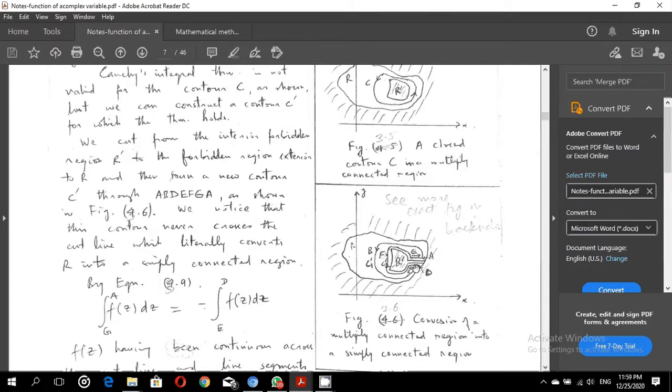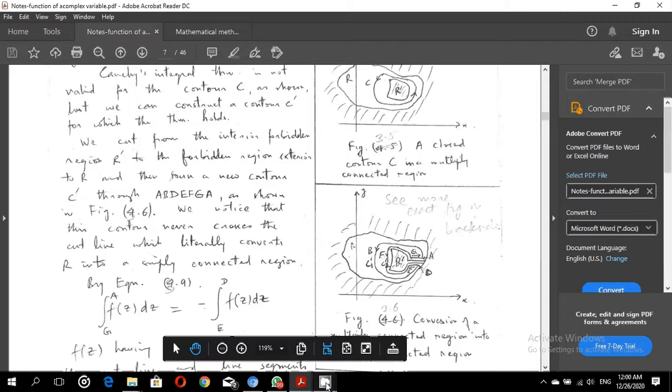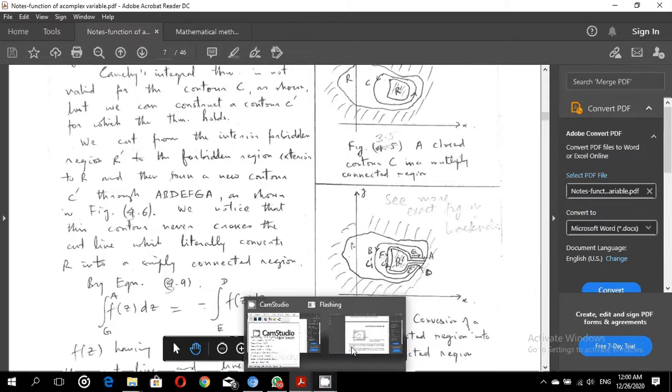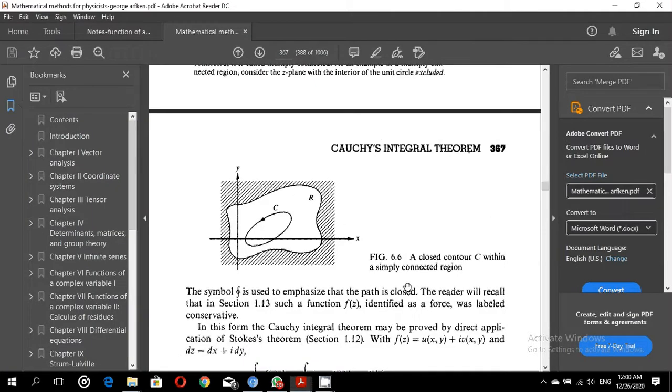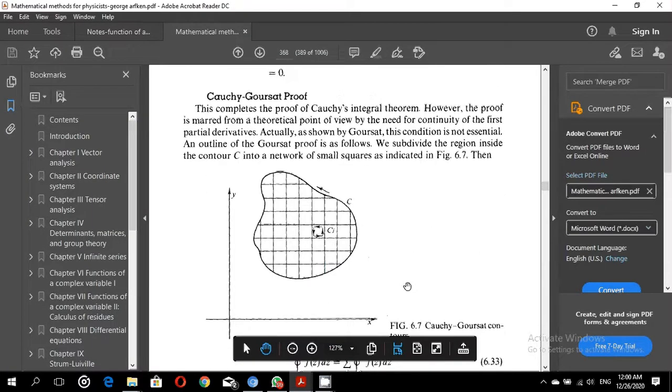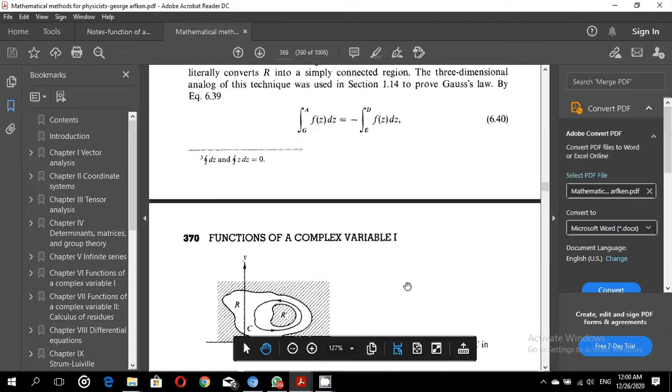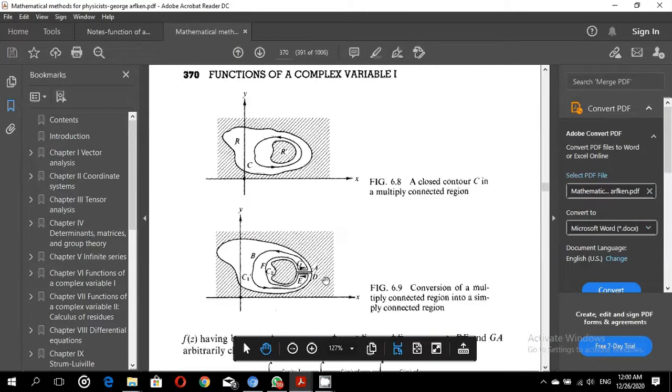Then we take a horizontal tour along this cut line inwards, and we do not cross the region R. We end up at a point E over here. You can get this picture clear from the book. Let me show you this picture from the book. Okay, here is the picture.